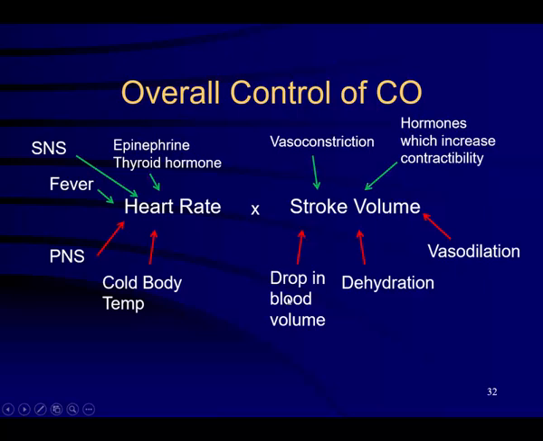On the other hand, if you lost a lot of blood, either dehydrated or stabbed or whatever, or vasodilation of the veins occurred, then blood's not going to get back to the heart fast enough to get pumped out. This doesn't happen quite as much or to the greater extent as heart rate. So cardiac output is more rapidly affected by heart rate change than it is by stroke volume.